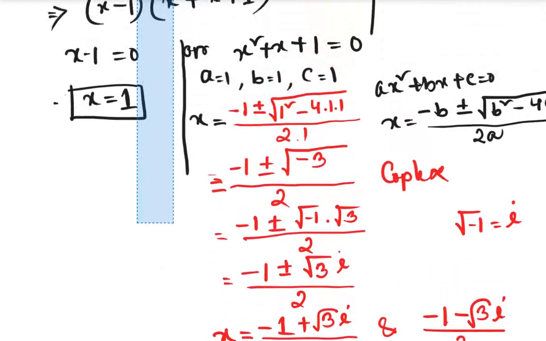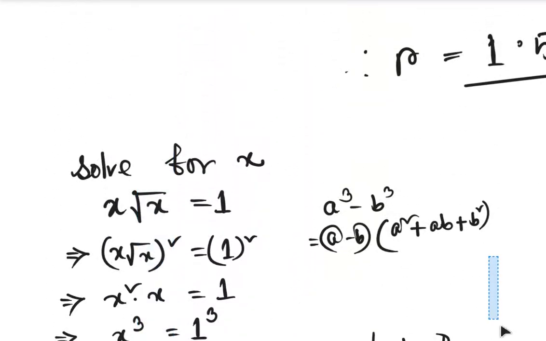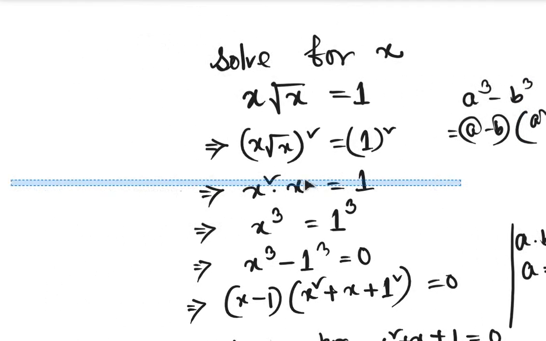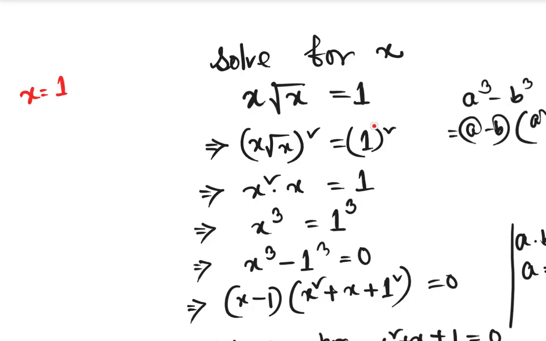Now it's time to check whether our answer is correct or not. Indeed, what we can do is plug in the value x equals 1. Now let's plug in this value here.